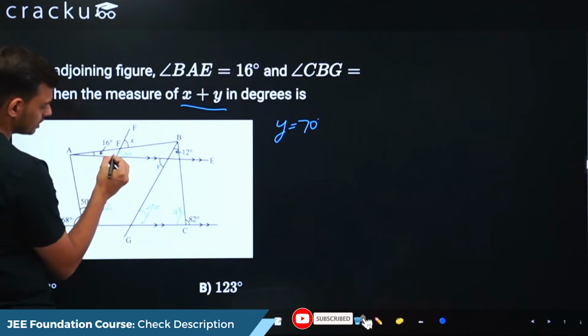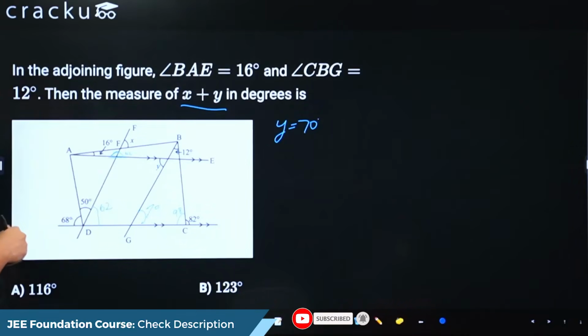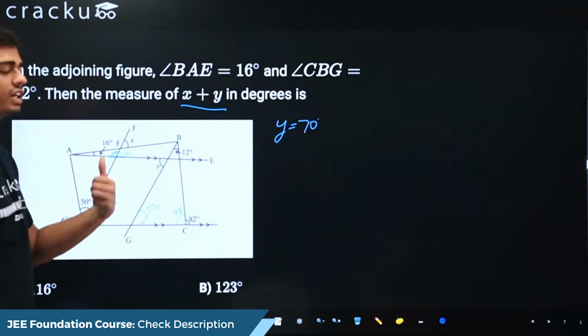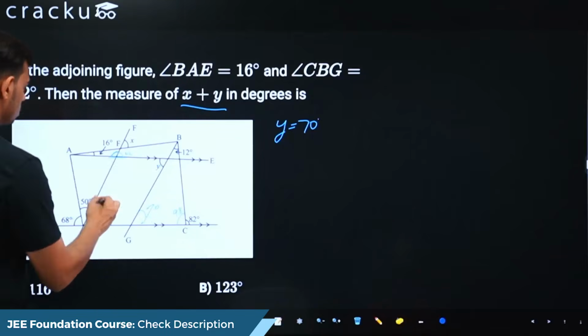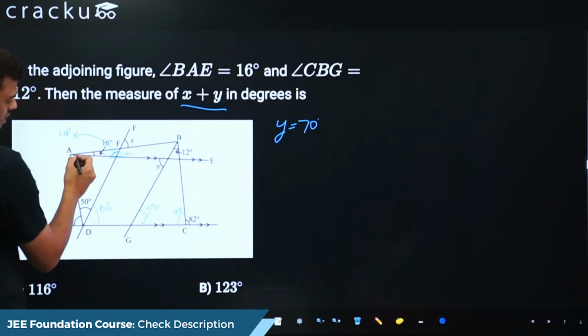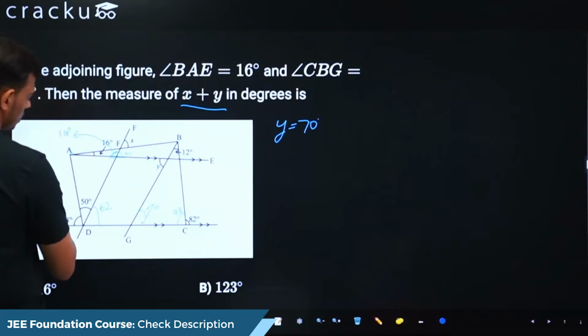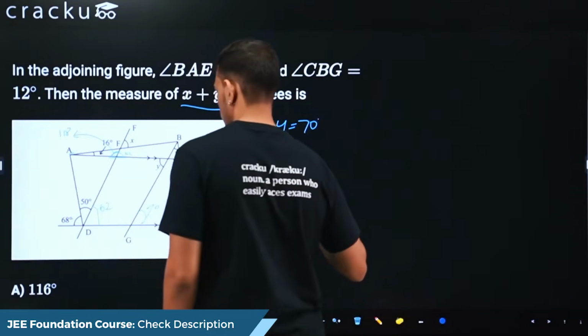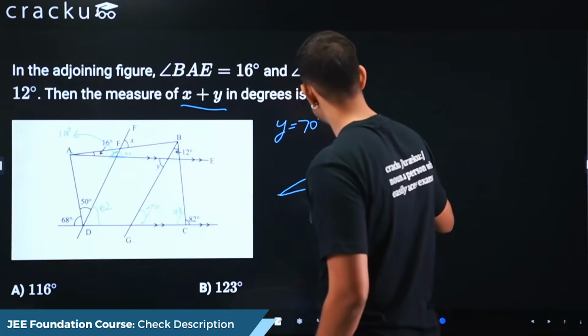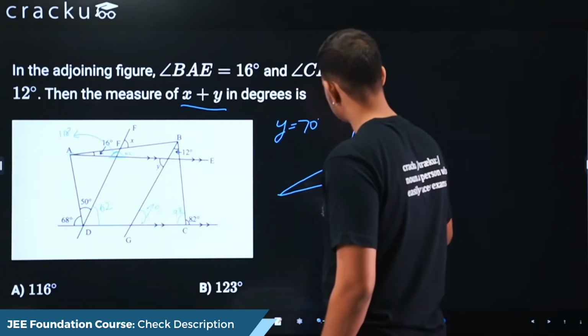I can calculate this angle using the property that the sum of angles on a straight line is 180 degrees. So this will be 180 minus 62, which is 118. Now in this small triangle, where A is here and F is here, this is x.